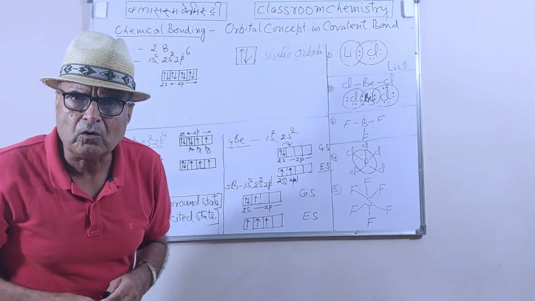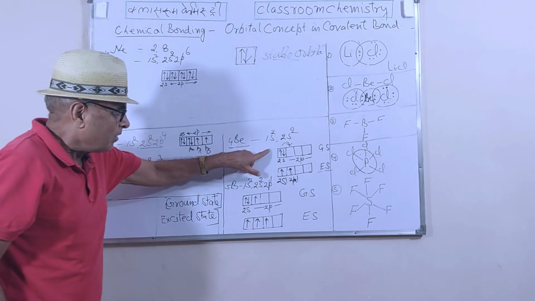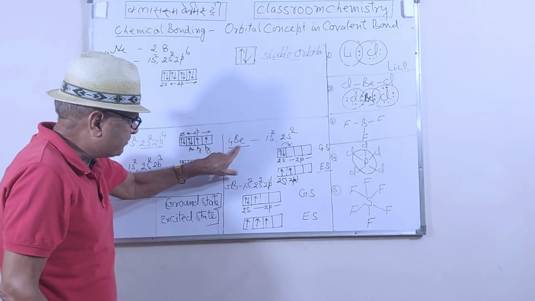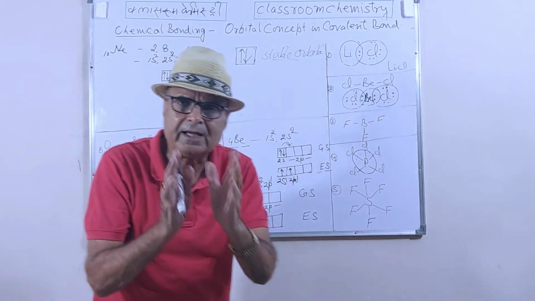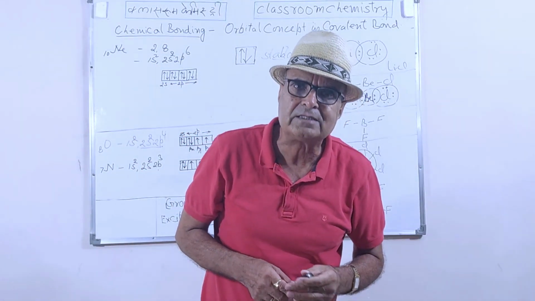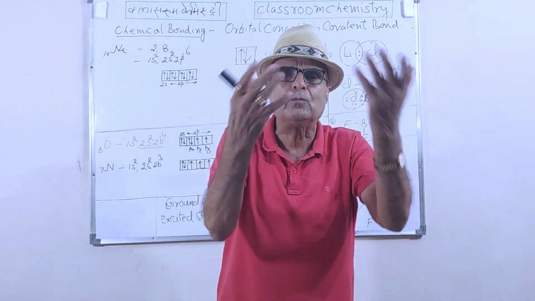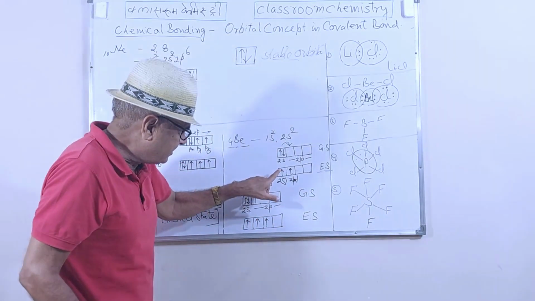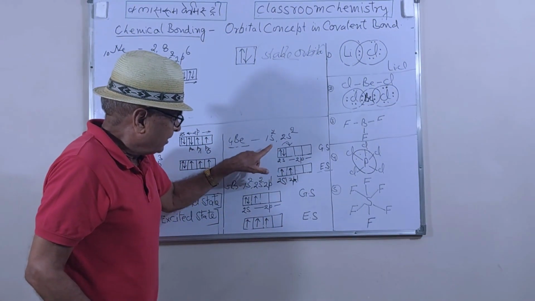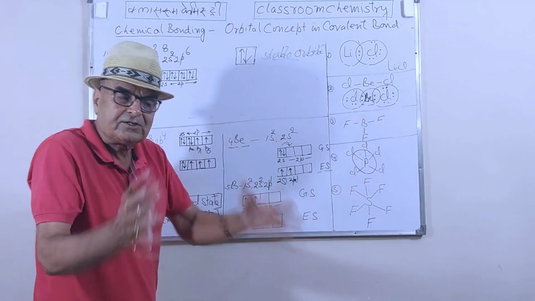The energy absorbed by the beryllium atom to get excited is called the excitation energy, or the energy of excitement. In this way the number of single electrons is increased.